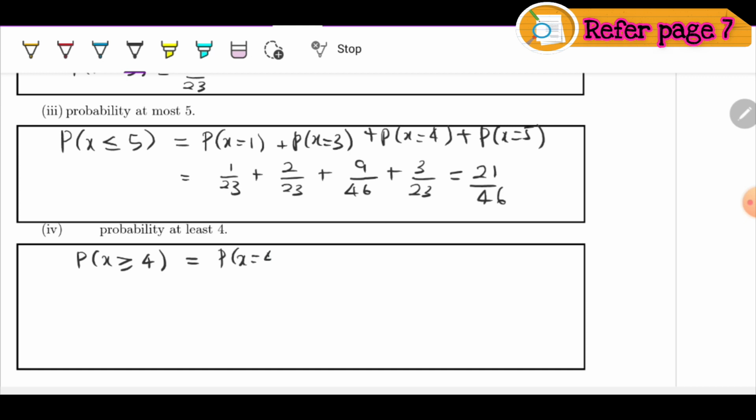So P(X=4) plus P(X=5) plus P(X=6). The probability when x equals 4 is 9 over 46. When x equals 5, the probability is 2 over 23. When x equals 6, the probability is 25 over 46.